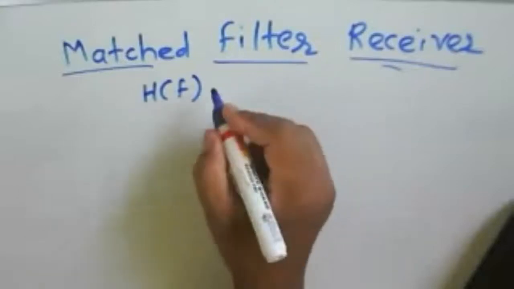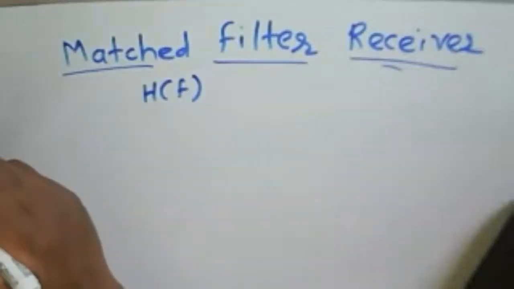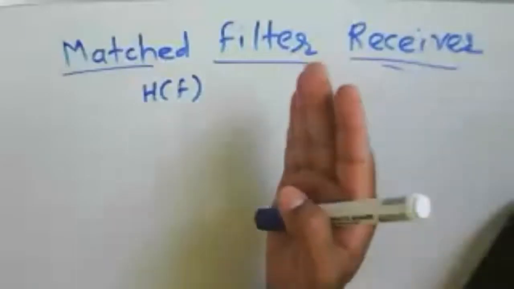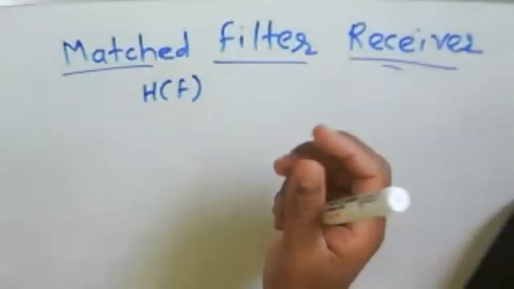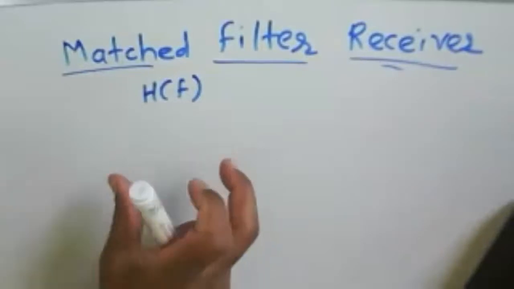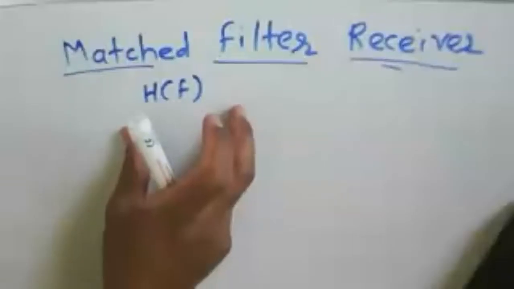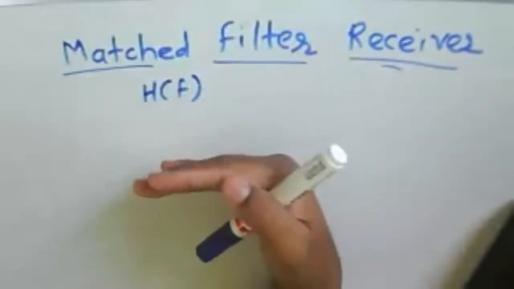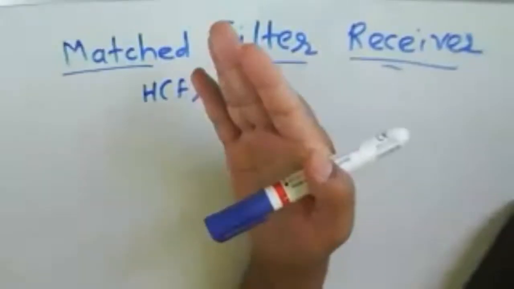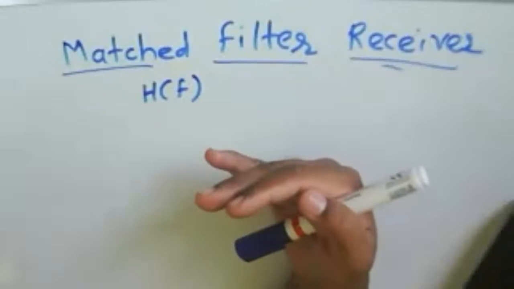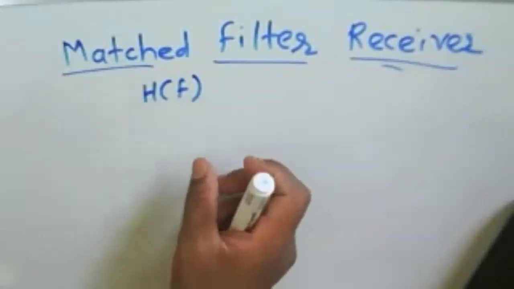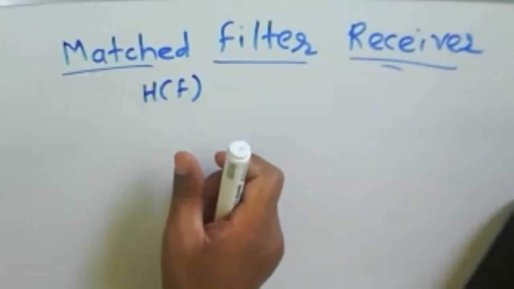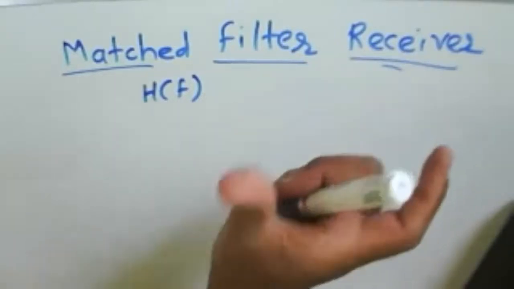So we can represent this particular function with respect to amplitude and phase. That means at the receiver, this frequency function will represent the amplitude of the received signal, it will represent the phase of the received signal, and then what the required bandwidth will be for the receiver.